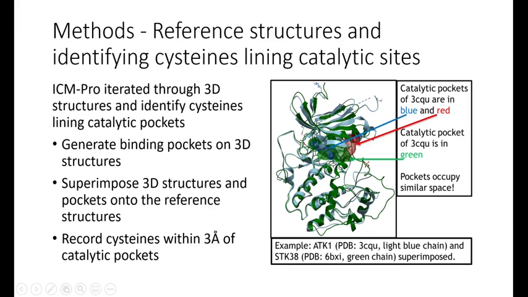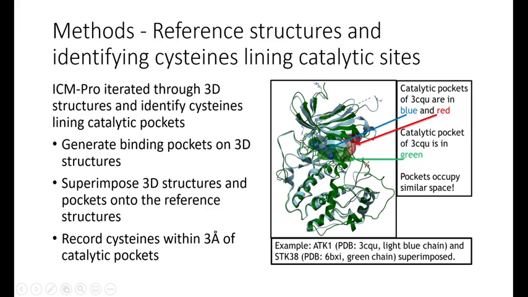After the ICM objects have been generated, the cysteine residues lining their catalytic pockets can be identified and recorded. But first, reference kinase structures for each kinase group need to be selected. The catalytic pockets of the reference structures also need to be identified.